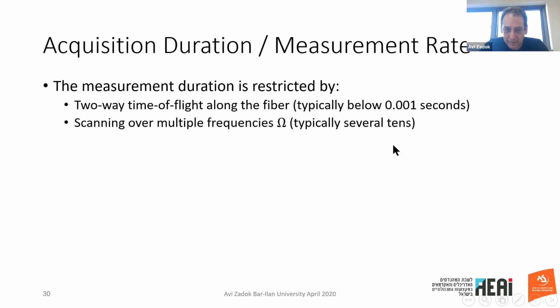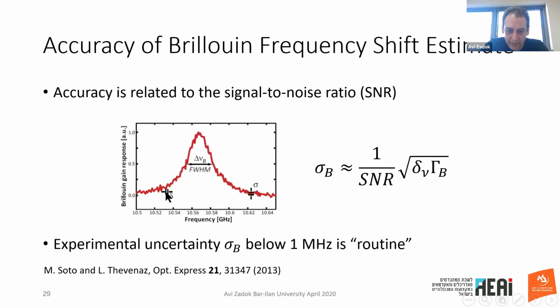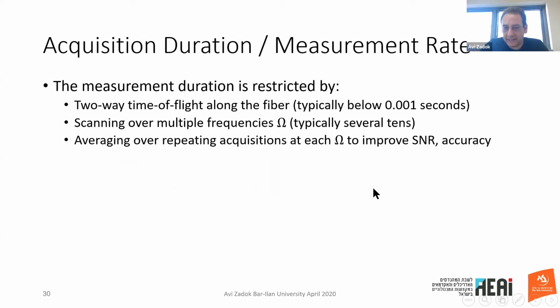On top of that, we must recall that we're scanning over omegas. Like I've showed you here, we have to take one omega and another and another and another. So experiments are repeated over typically tens of omegas. But that's not even the end of it. We must acquire a minimum SNR in order to achieve the precision that we're after.